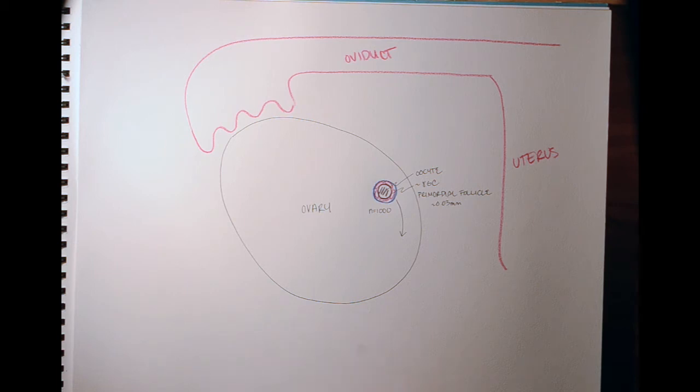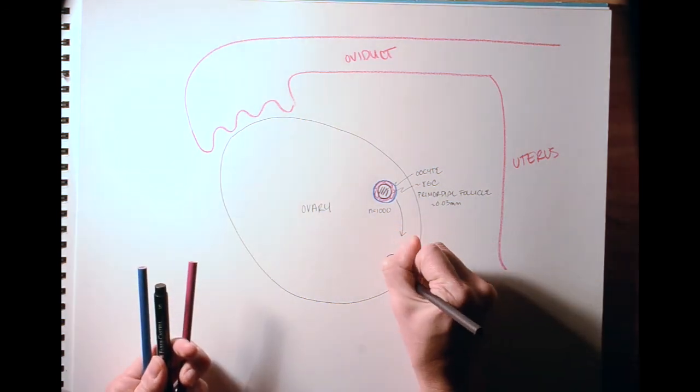And each roughly month, we're going to recruit a new pool of primordial follicles, again, about 1,000 follicles into this developmental process. And this developmental process is going to be comprised of basically an increase in granulosa cell content.